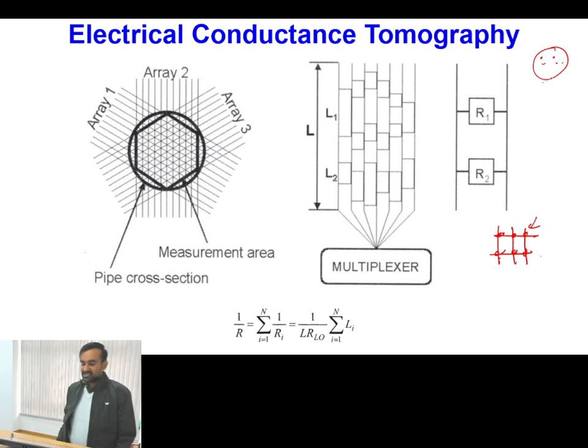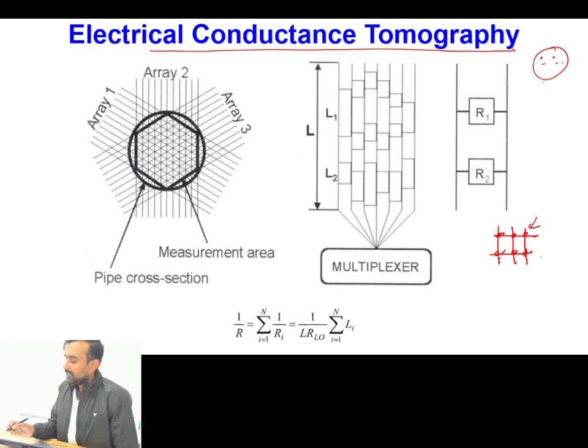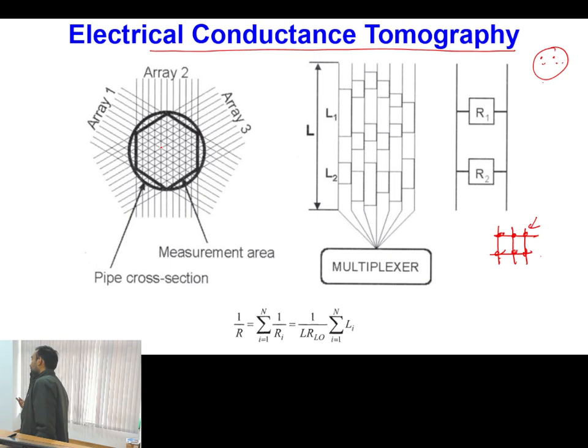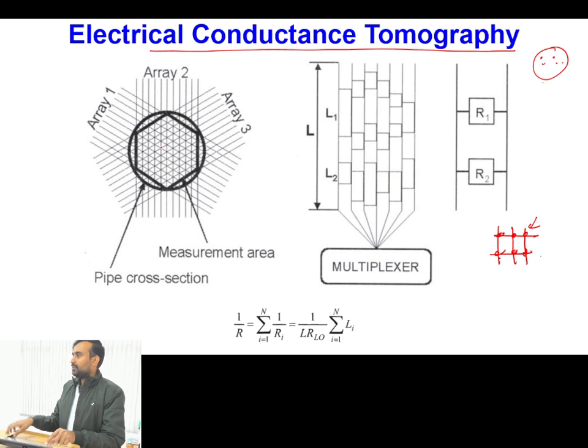So the first mechanical arrangement which we are talking about is electrical conductance tomography. One more important thing we have to keep in mind, whenever deciding this mechanical system, we have to design it in such a way that it does not cause significant change to the flow behavior. So if you place a large number of optical probes, what will happen?